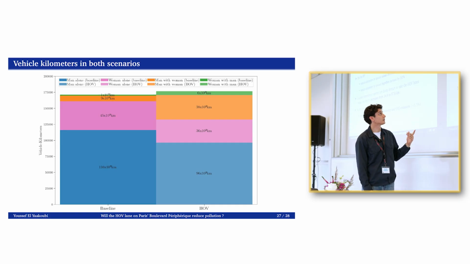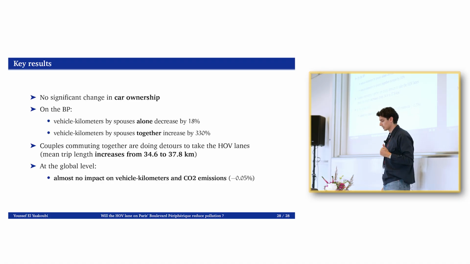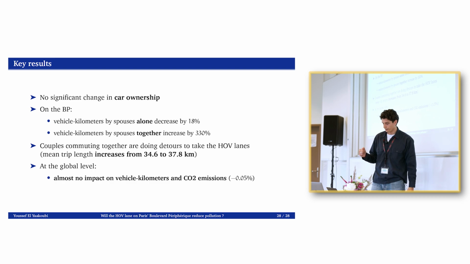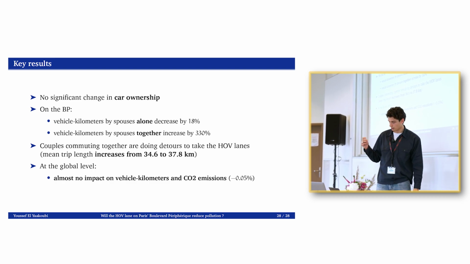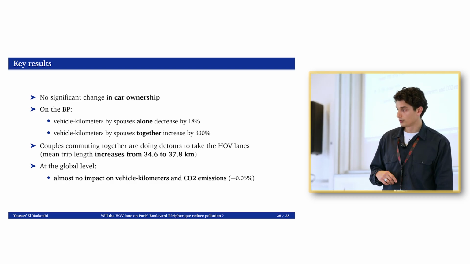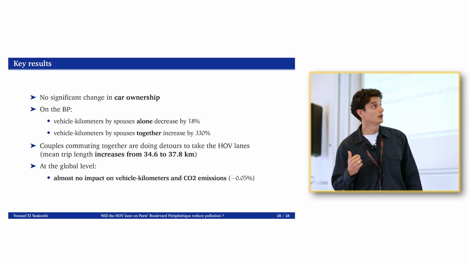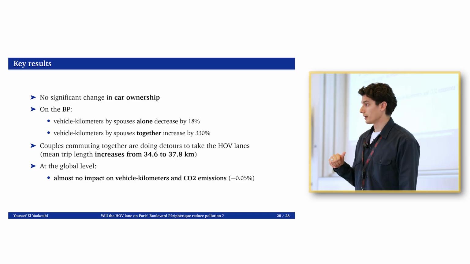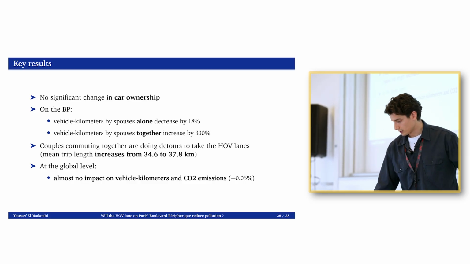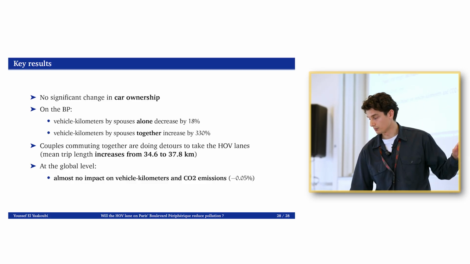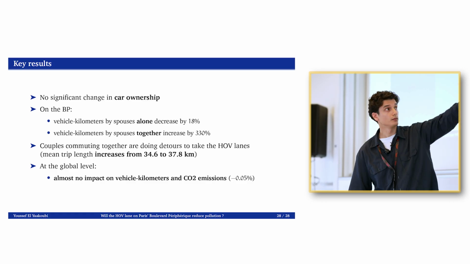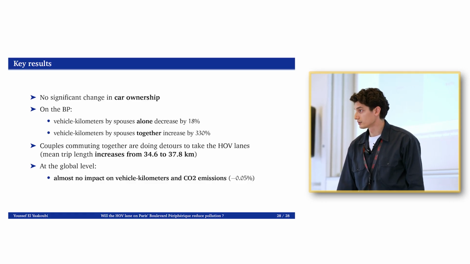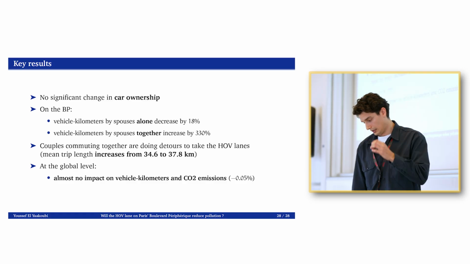The key results: we also analyzed the car ownership. There is no significant change in the car ownership in the predictions. The BP is the Boulevard Périphérique. Vehicle kilometers by spouses alone decreased by 18%. But as we saw, the vehicle kilometers by spouses together, here in orange and in green, increased by 330%.